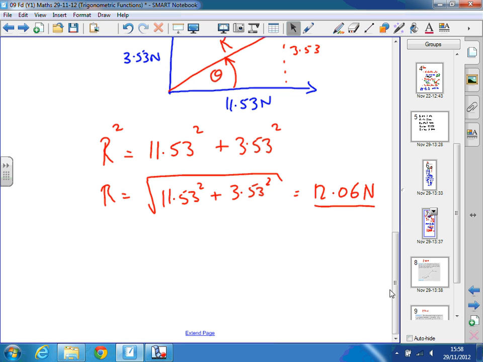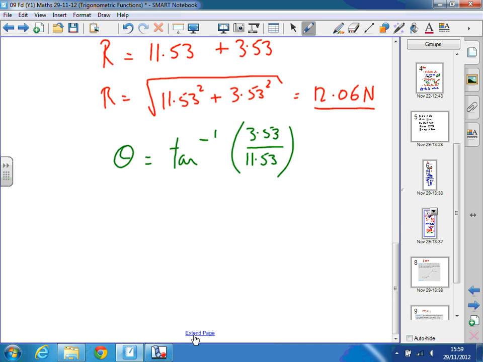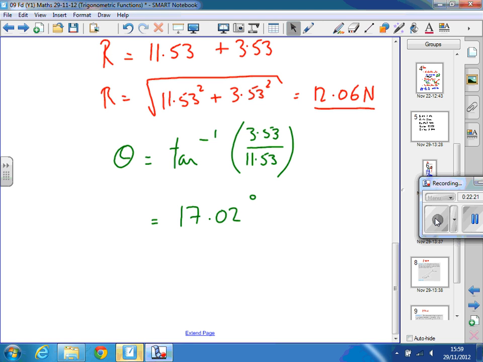So theta equals the angle whose tangent is the opposite over the adjacent, which is 3.53 over 11.53. So here we're using the tangent ratio and the Pythagoras theorem to find these values. And that turns out to be angle 17.02 degrees. Okay.